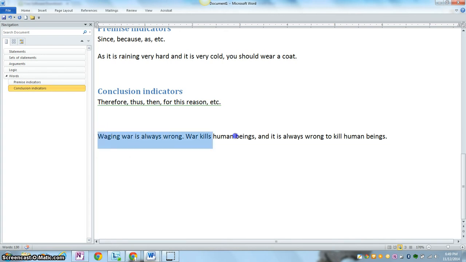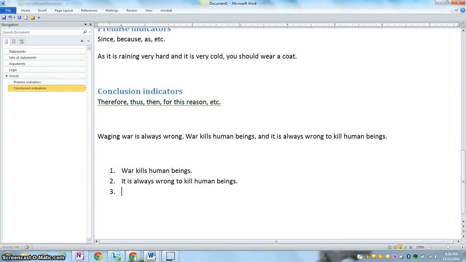So if you wanted to put this in standard form, you would probably arrange it on numbered lines. So the first premise, the second premise, and the conclusion.